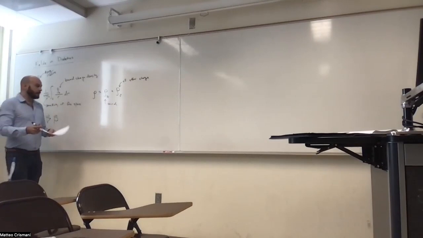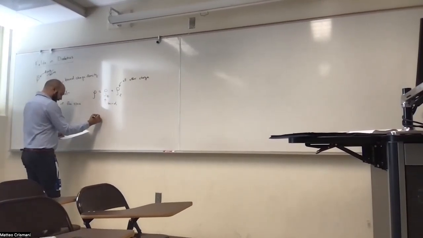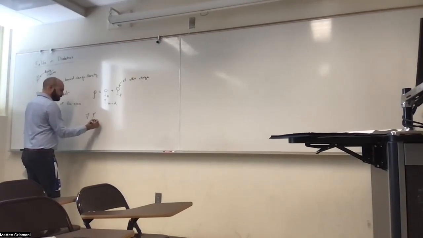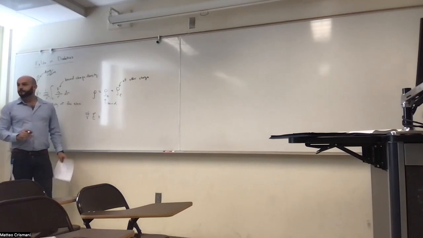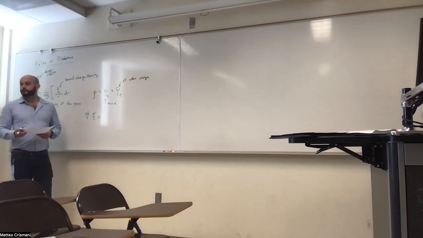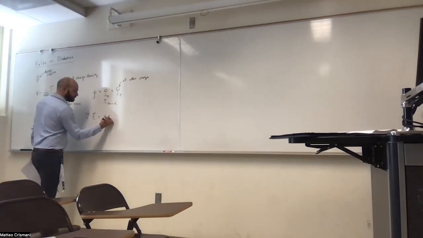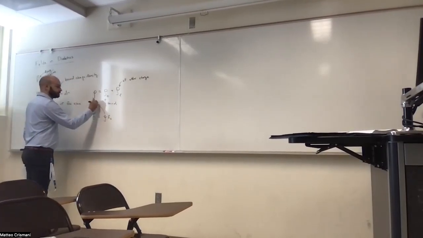Okay. But now we need to define E. E is going to be the total charge. And what's del dot E according to Maxwell's law? Rho over epsilon. Right? But it's this one, right?